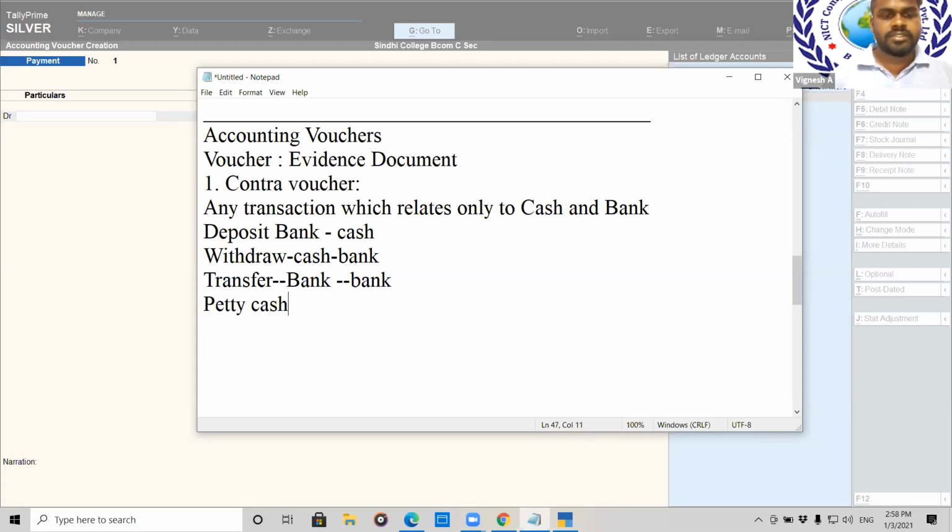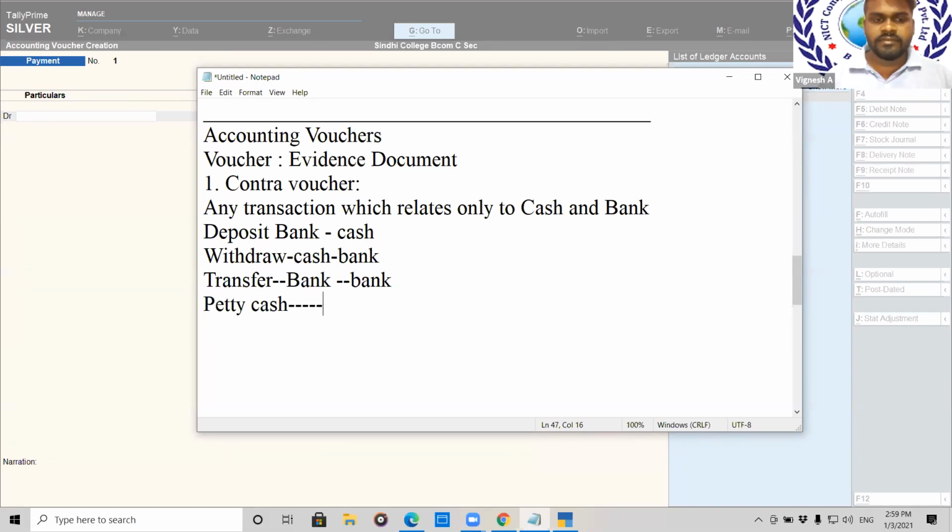Have you heard of petty cash? What is that petty cash? To maintain some small expenses, we take this petty cash account. From the main cash account, if you want to drop some money in your petty cash, we use the contra voucher for that.